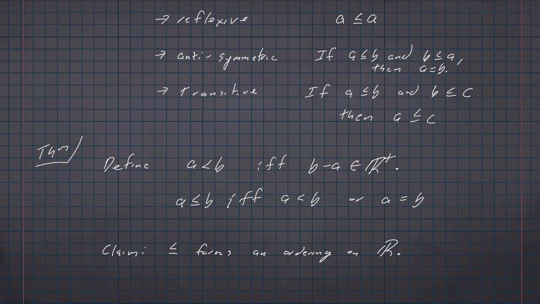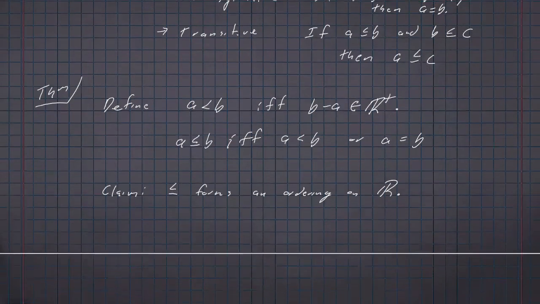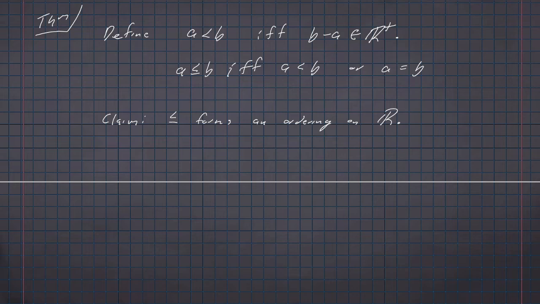And for something to form an ordering relation, that means it must be reflexive, anti-symmetric, and transitive. So to prove that this definition, A is less than B if and only if B minus A is a positive real number, let's try to prove that it satisfies each of the three properties.